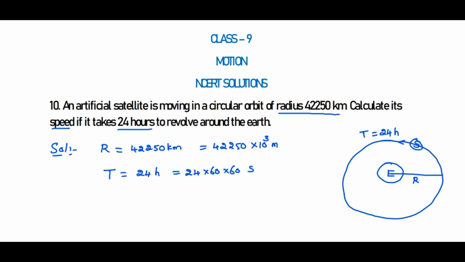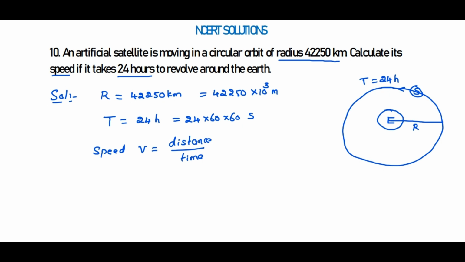Now, the speed of the satellite, V, is equal to, we know generally, the distance traveled by a body divided by time taken. But here, the distance is the circumference of the orbit, that is 2 pi r. Time taken is the time period.